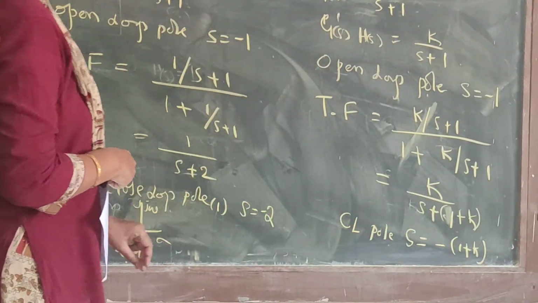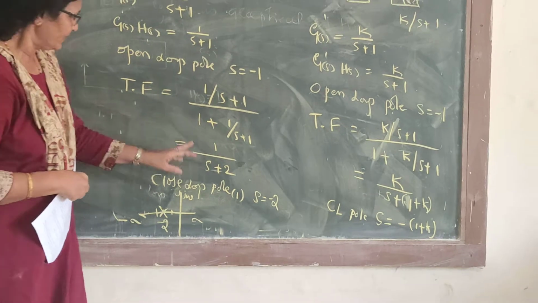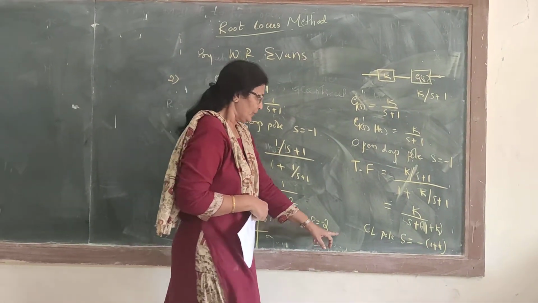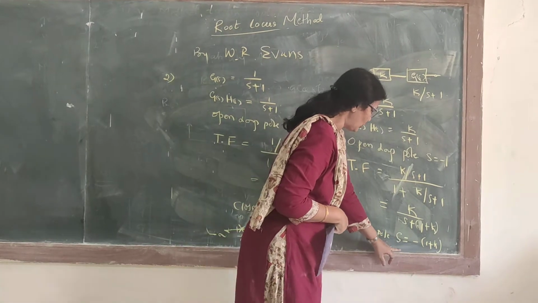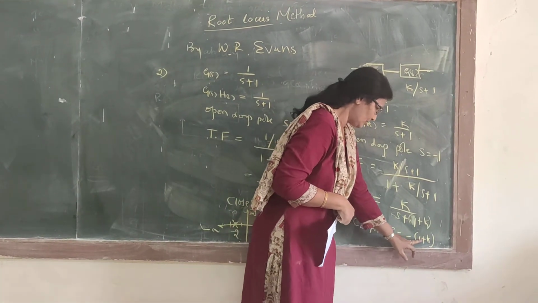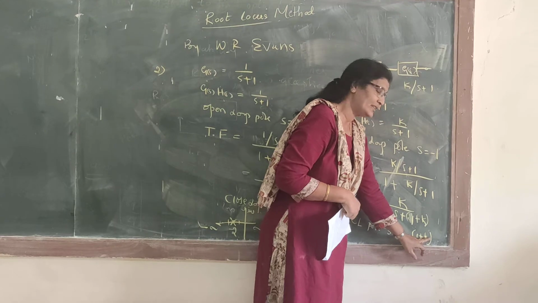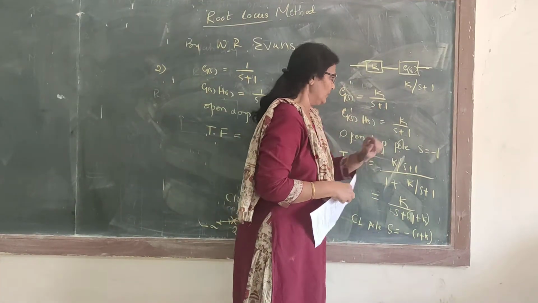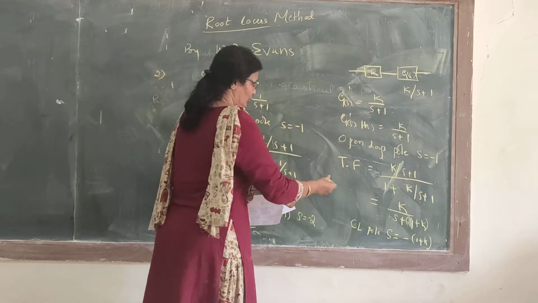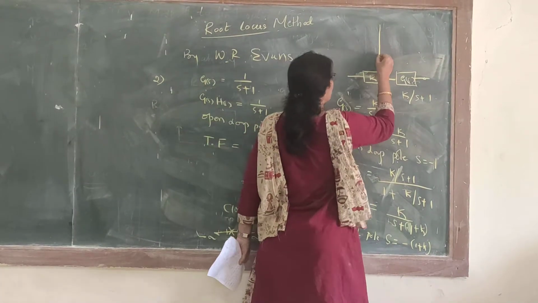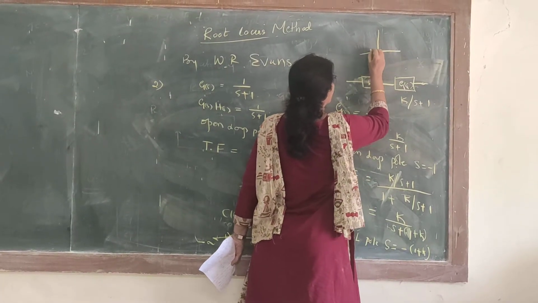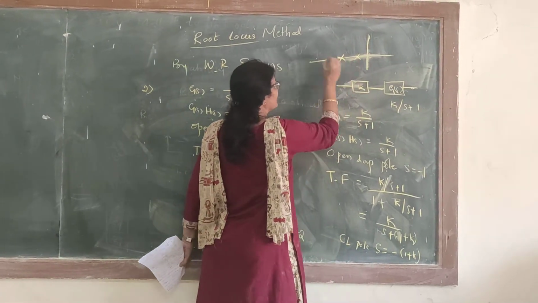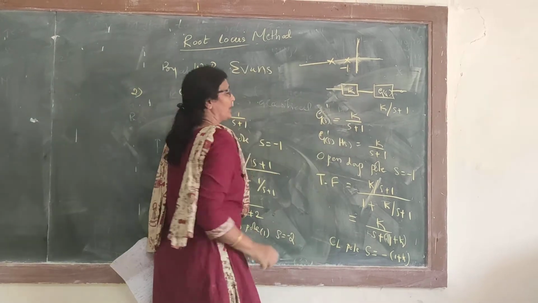Here the closed loop pole is minus 2. Here the closed loop pole is minus 1 plus k. Now I am going to locate the open loop pole, that is minus 1.